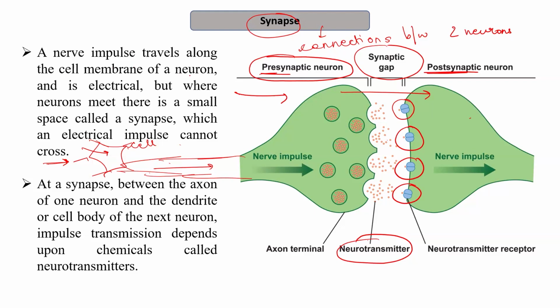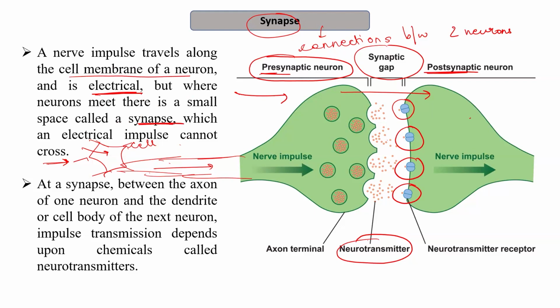A nerve impulse travels along the cell membrane of a neuron and is electrical in nature. But where neurons meet, there is a small space called a synapse through which the electrical impulse cannot pass. Therefore, it is electrochemical. That is why we say that impulses are electrochemical in nature.